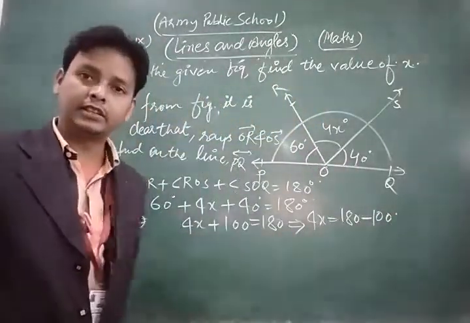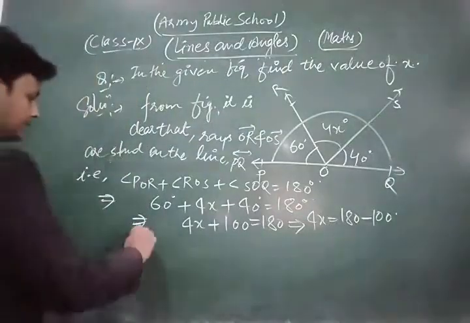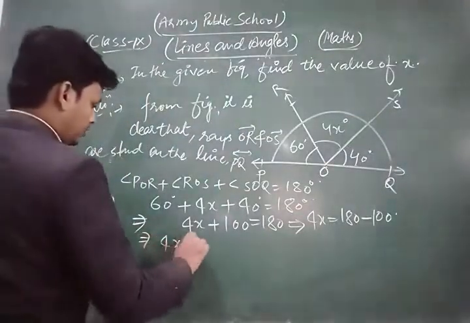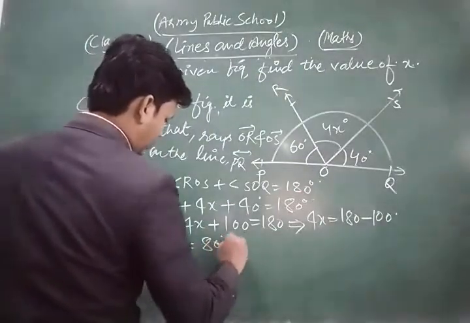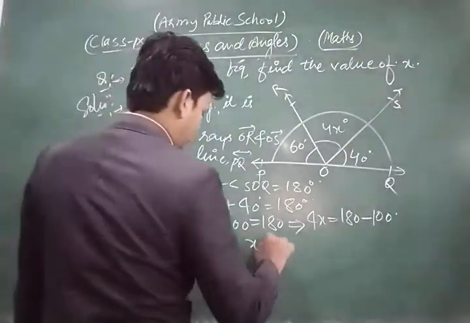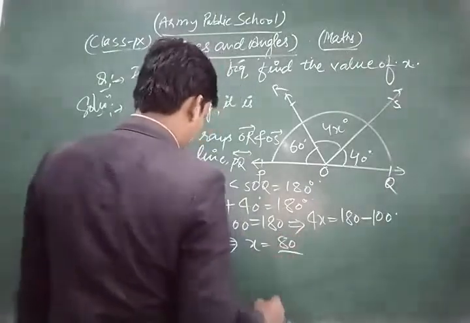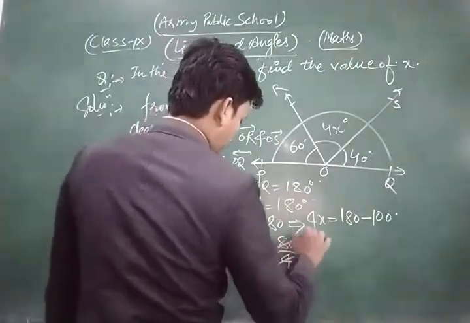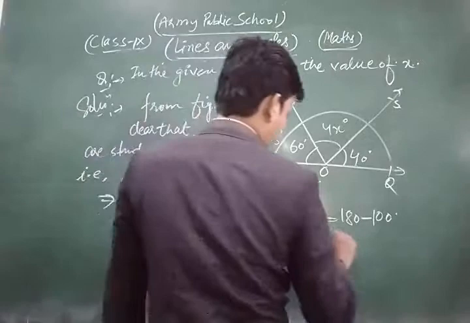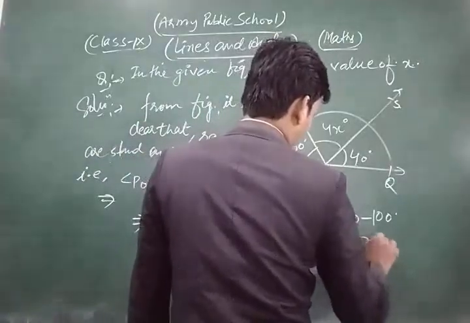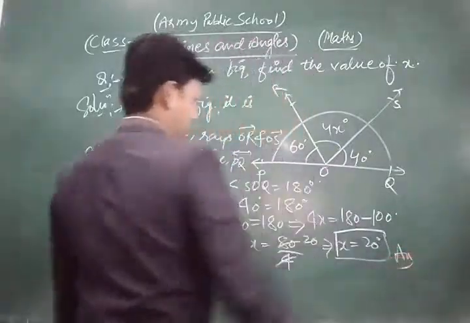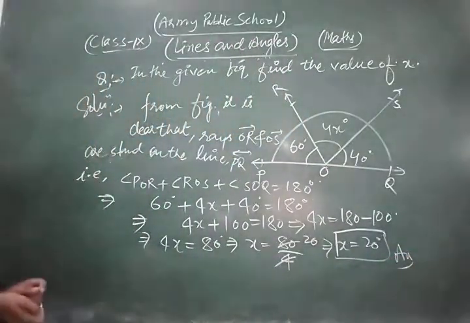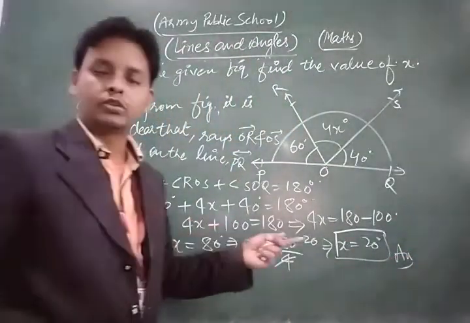Transferring 100 to that side, 4x is equal to 80 degree. Now the value of x is equal to 80 upon 4, which is 20. Thus the value of x is 20 degree. In this way, dear students, you can solve that type of question.